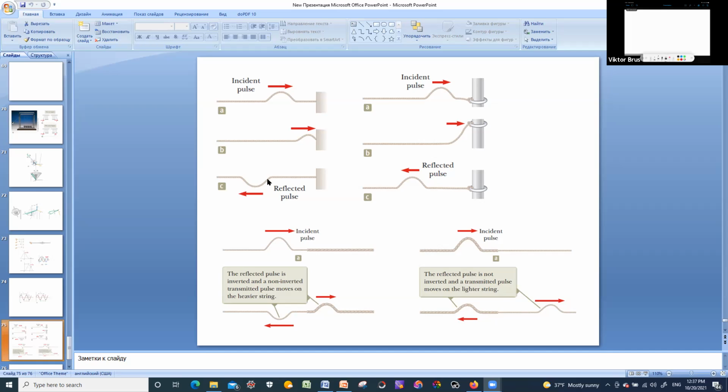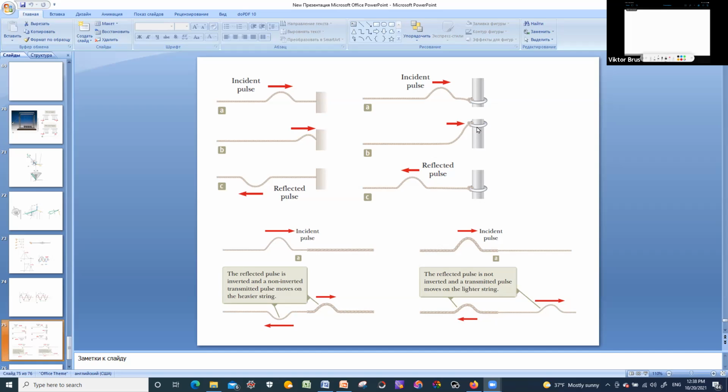So another option is when we have a freely moving end of this rope. So let's say it's attached to some light ring at the end. So we create this pulse which moves to the right, and this pulse reaches the end of the rope and creates some upward force on the ring.